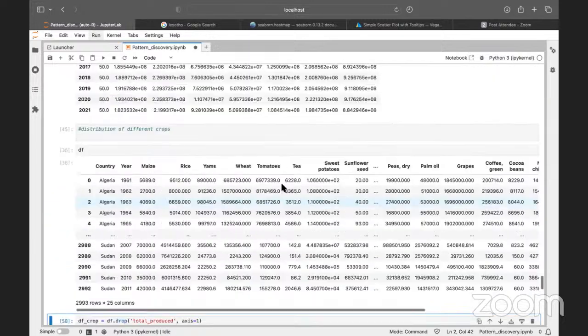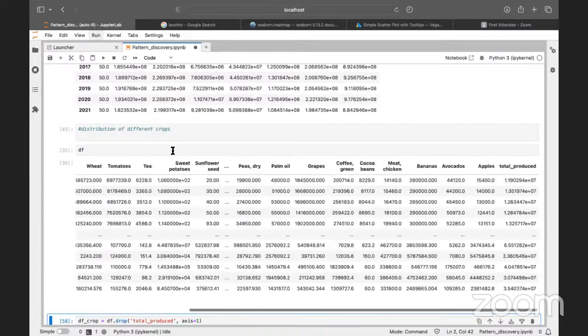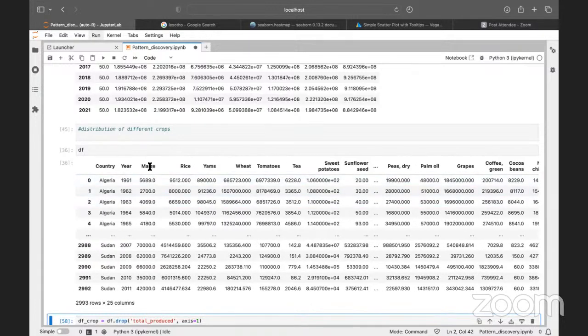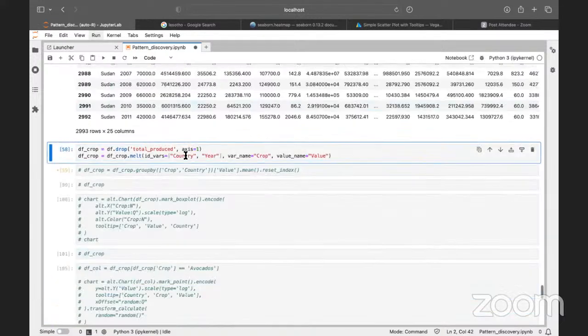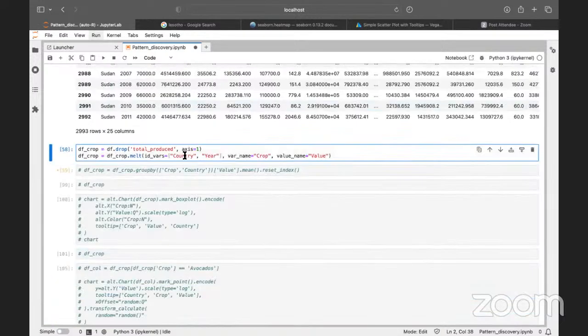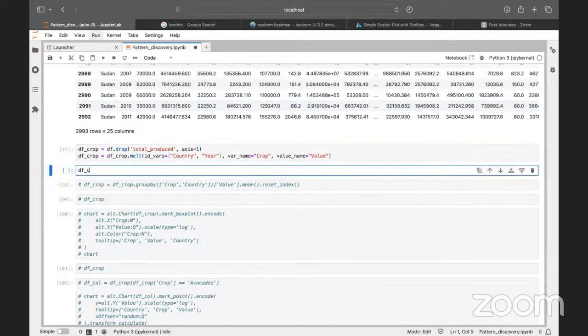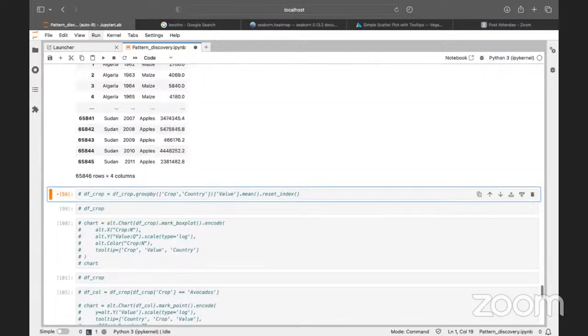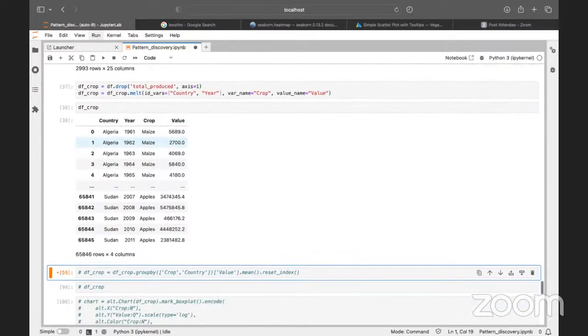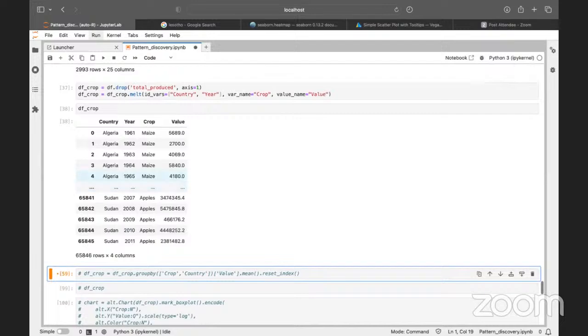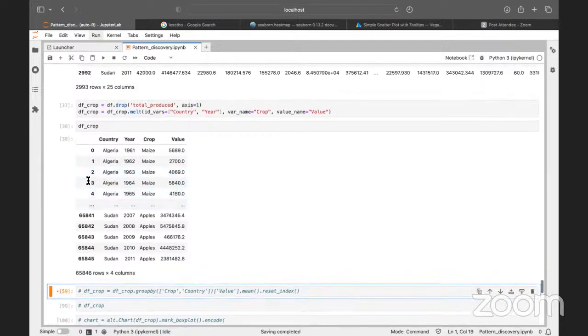Where we had all of the crops as our columns, we want to convert that and have them in one column. So that's basically what this is doing. You can run this and see.